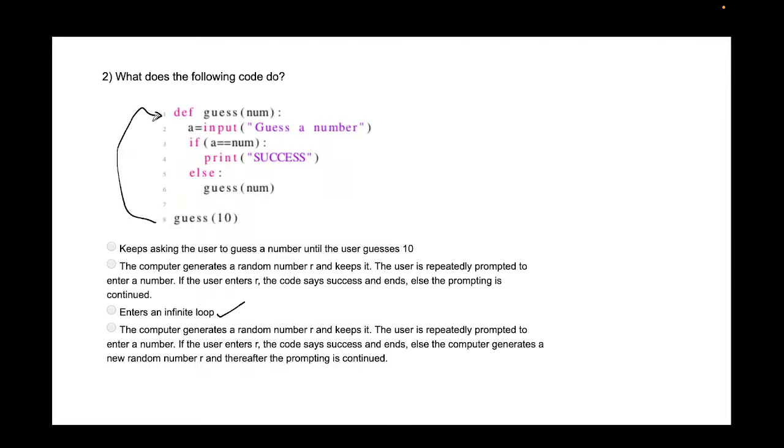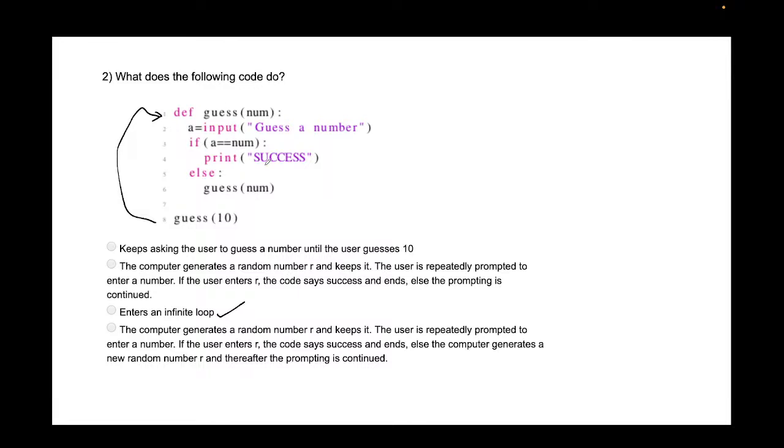It will evaluate the statement. So control will go like here, it will ask for an input. It asks us to guess a number. So it is checking whether the number given by us is equal to 10 or not. If it's equal to 10, it's printing success. Otherwise it is going again to calling the function.